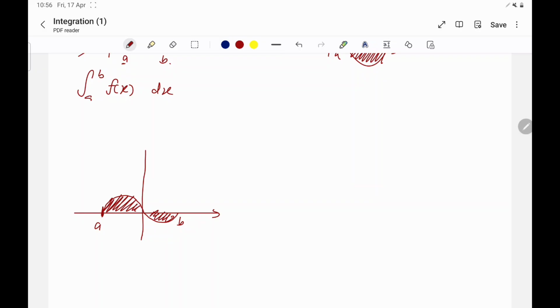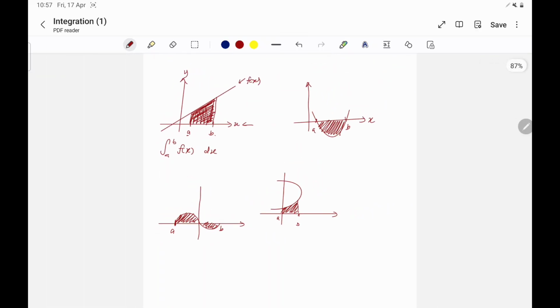Okay, so let's say I have this type of quadratic function, and I want to know the area starting from a to b. The shaded part is here, because it should be under the curve until the x-axis. So this is how you find the area under the curve.